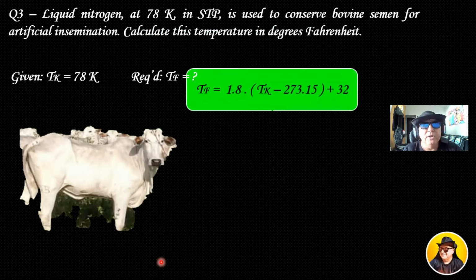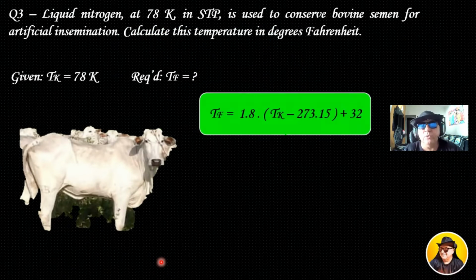All right. So the formula we're going to apply is this one. So TF is 1.8 times TK minus 273.15 plus 32. This TK here we have. All right. So let's replace this value.